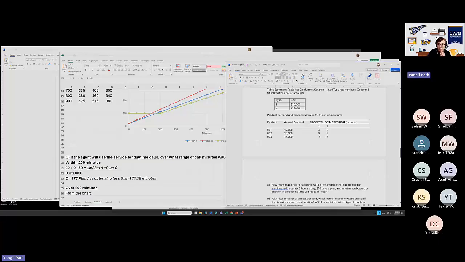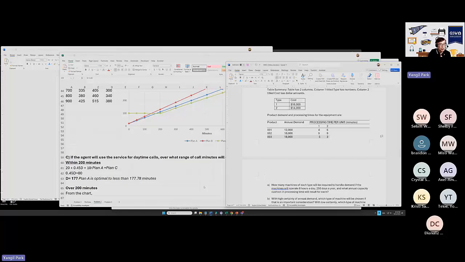So we have 3 products. First product, just like that. Second product, annual demand, processing time. Then third product, annual demand and processing time per minute, per unit.